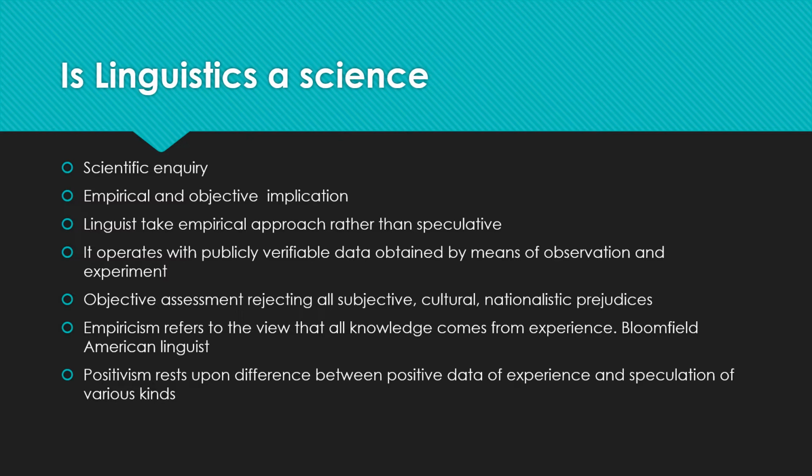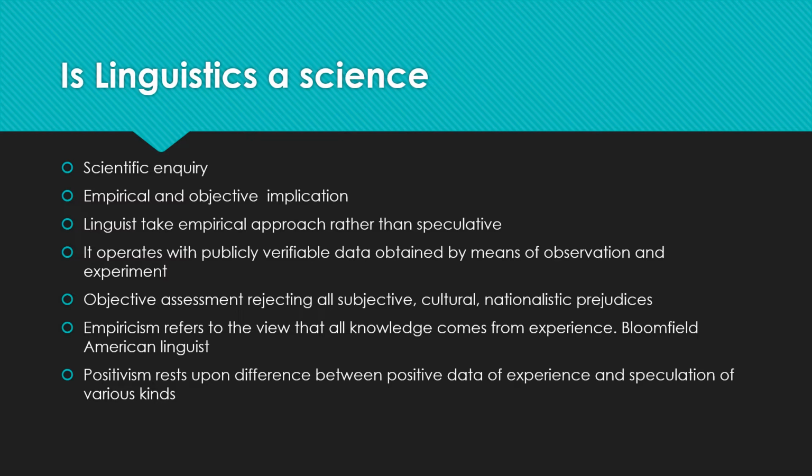Empiricism refers to the view that all knowledge comes from experience. Now, the American linguist Bloomfield, a very famous linguist, basically stood for empiricism. Now coming to yet another concept, that is positivism. Positivism depends on the difference between positive data of experience and speculation of various kinds.